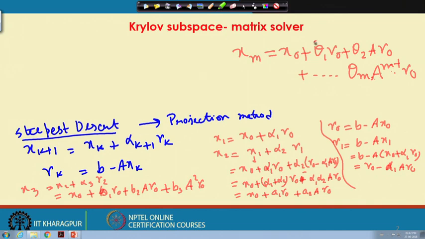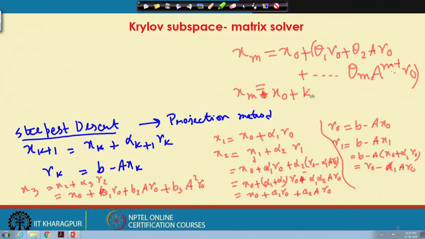So, the entire update of x 0 becomes a function of r 0 plus A r 0 plus A to the power m minus 1 r 0, and precisely that gives us the idea of the Krylov subspace, that x will be updated in an affine space, so that x m is equal to x 0 plus K m of A and r 0, where K m of A, r 0 is the space spanned by r 0, A r 0, A square r 0, and so on up to A to the power m minus 1 r 0.